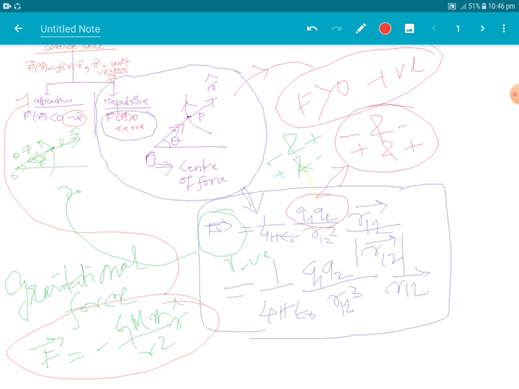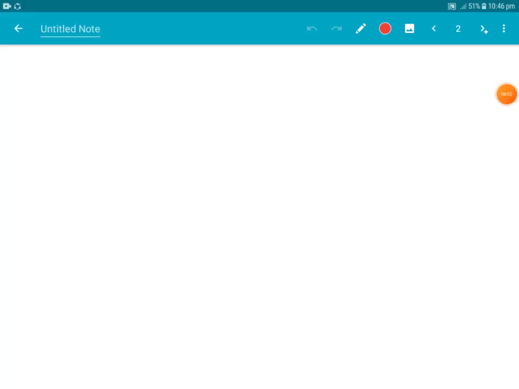Now we will derive the equation of central orbit.